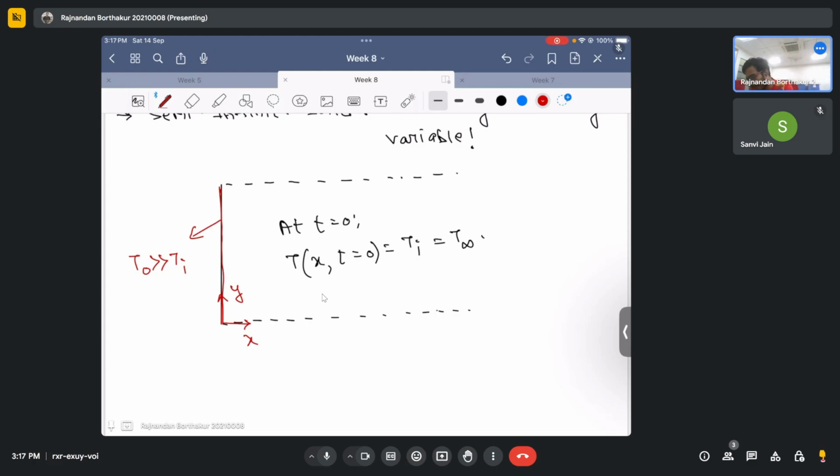For instance, after time t equal to some t1, if I draw the temperature profile inside this object, let's say it's a brick, then my profile would be something like this, where this is some T infinity, and this would be equal to the T naught. And this is true for some time t1.